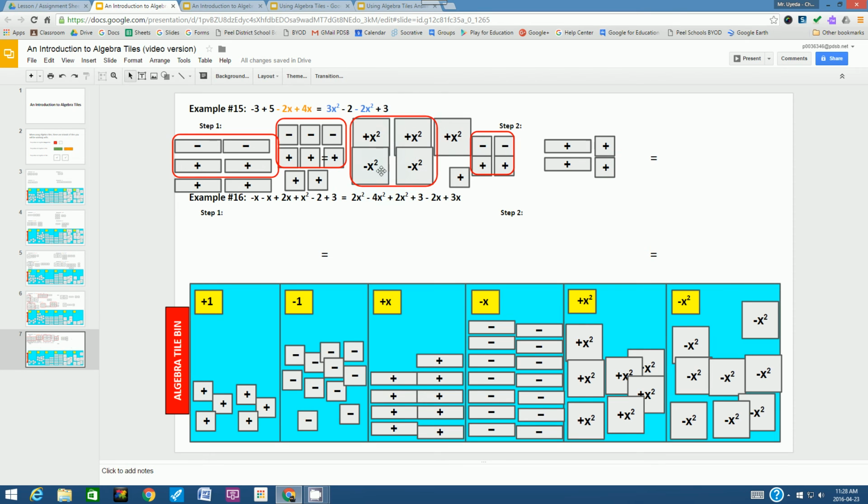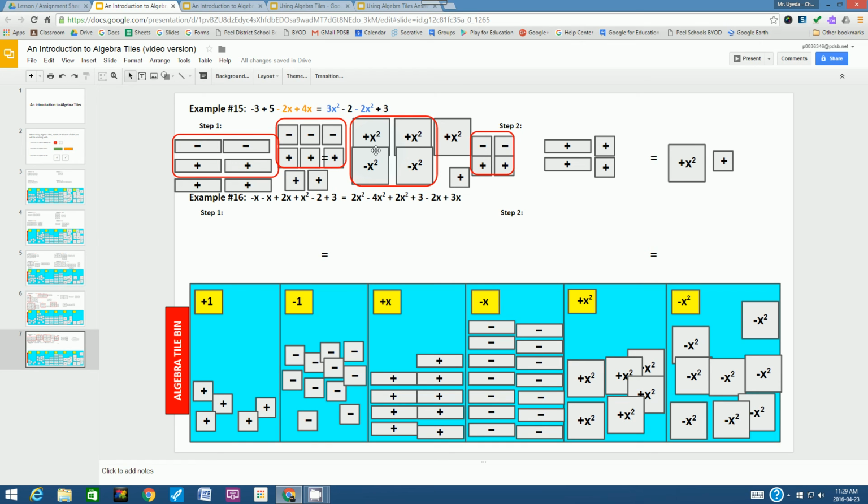Okay, let's look at the right side of the equation. What's remaining after we take away all these zero models? Well, we have a big positive x squared, and then we have a small positive integer. Okay, so you see how this equation is much more simplified than what we started out with.